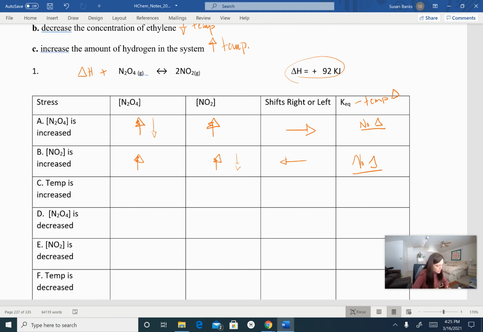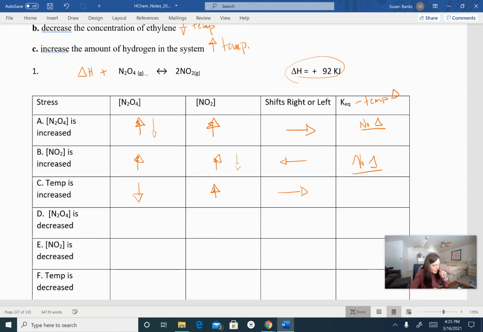Temperature is increased. So temperature is acting as a reactant here. So if I increase that temperature, I'm going to shift right. How'd you do on that one? So if I shift right, that means my concentration of nitrogen dioxide is going to go up and my concentration of dinitrogen tetraoxide is going to go down.